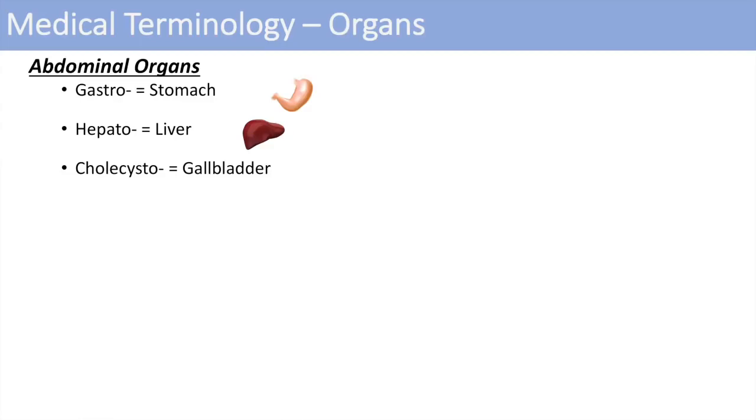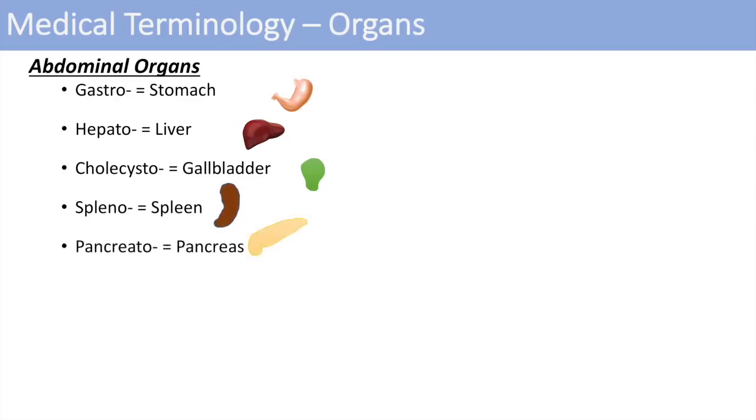That's for the gallbladder, so you might not have heard of it, but maybe cholecystectomy when you remove your gallbladder, or cholecystokinin, which controls gallbladder contraction. Another one is spleno, that's just for the spleen. Another one is pancreato, for the pancreas. Another one is adreno, for the adrenal gland. Just the gland that sits on top of your kidneys.